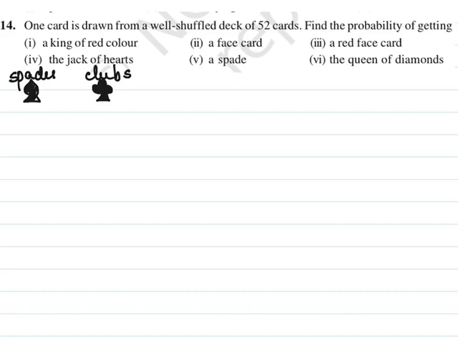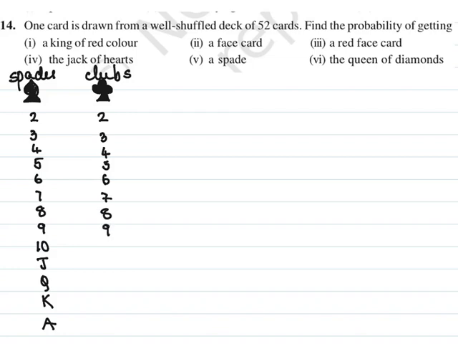They start from 2, 3, 4, 5, 6, 7, 8, 9, 10. Then we have a jack, the queen, the king, and the ace. The same thing for clubs. So, these are the black cards.